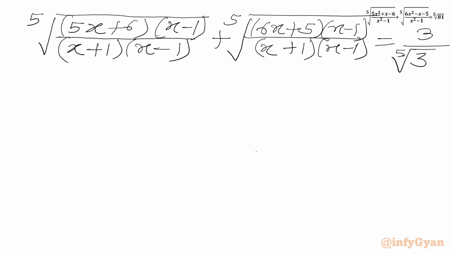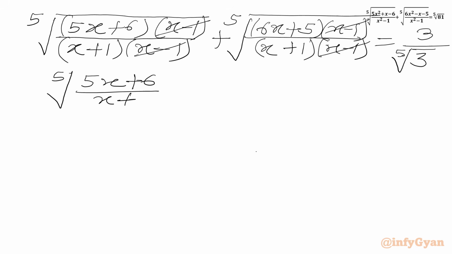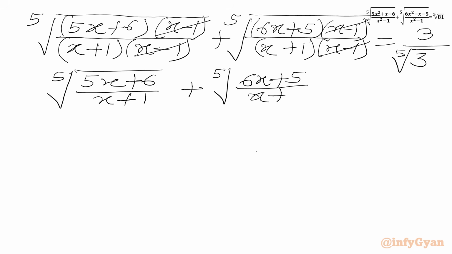Now we will cancel x minus 1 from the numerator and denominator. So our equation will become fifth root of 5x plus 6 over x plus 1 plus fifth root of 6x plus 5 over x plus 1 will be equal to 3 over fifth root of 3.